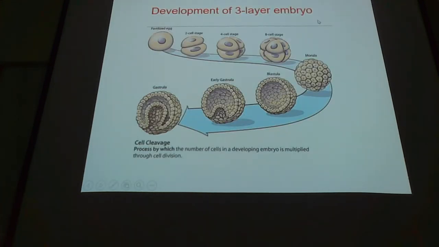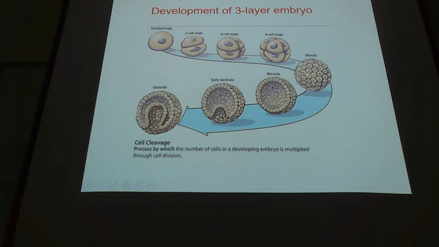All right, so this is a picture of the main milestone stages during the embryonic development of an animal. We already talked about the fertilized egg, the zygote, that soon enough will divide, or undergo mitosis, to become two cells. So we call it the two-cell stage, right?